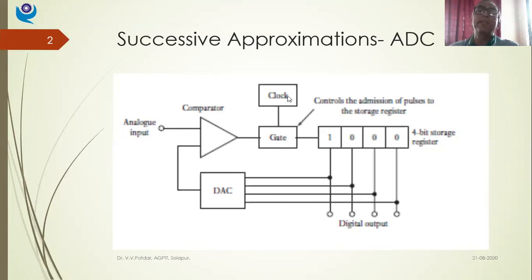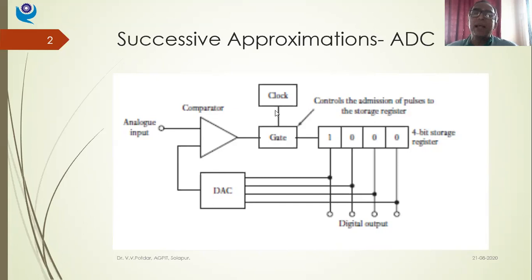So the clock will generate the pulses at a defined rate. This gate will allow those pulses to go to the 4-bit register, and those pulses will be digitized straight away. Okay, so let us say those pulses correspond to a voltage of, let us say, 7.5 volts.